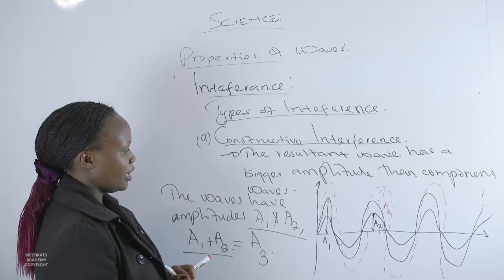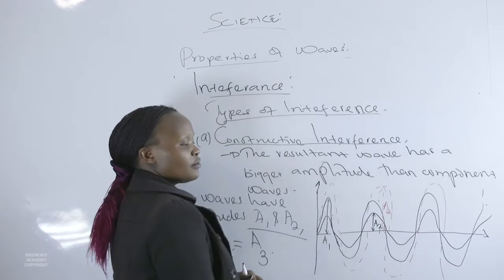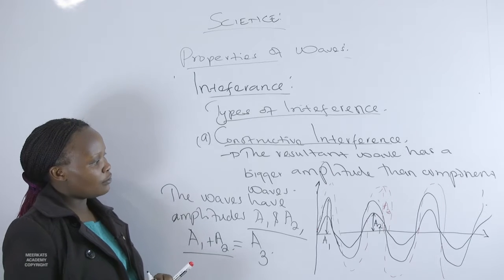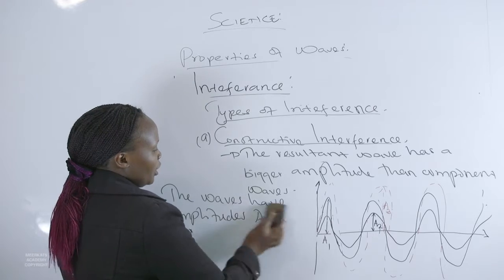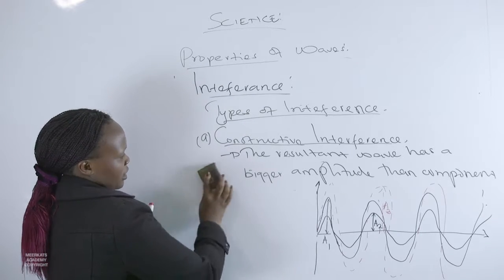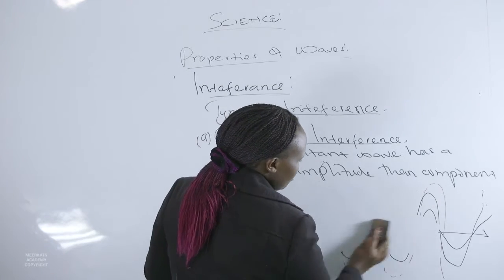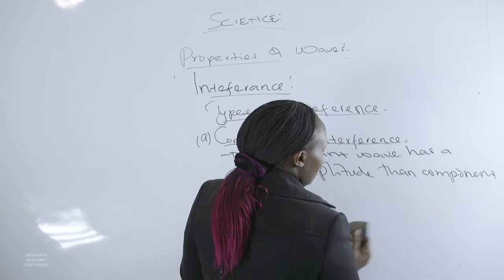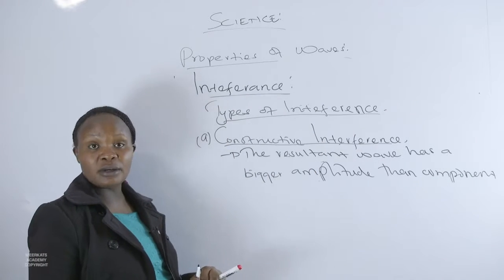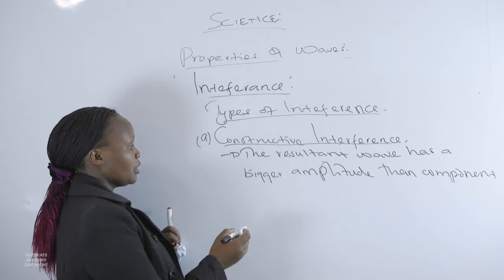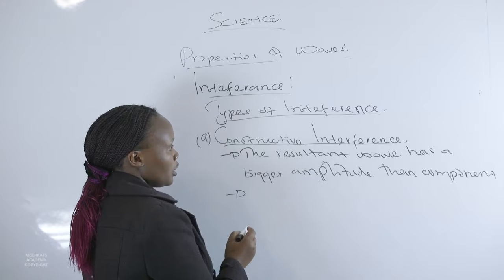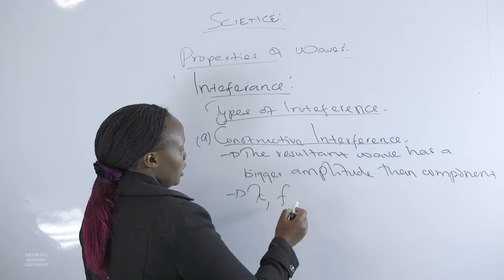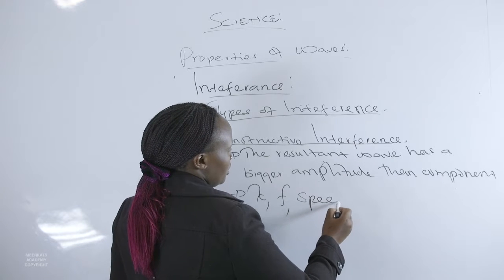That is a case of constructive interference. Now, the other properties would be varied or even would remain constant depending on other factors. The other properties are the wavelength, the frequency, and the speed.